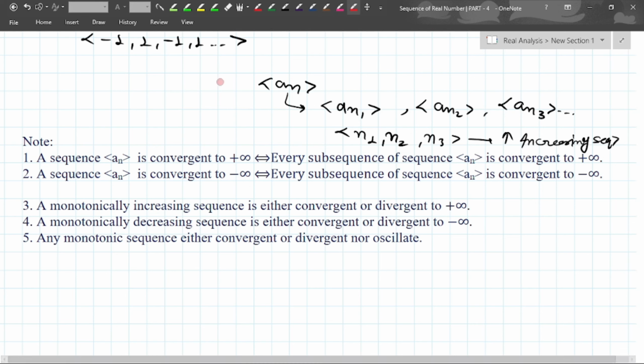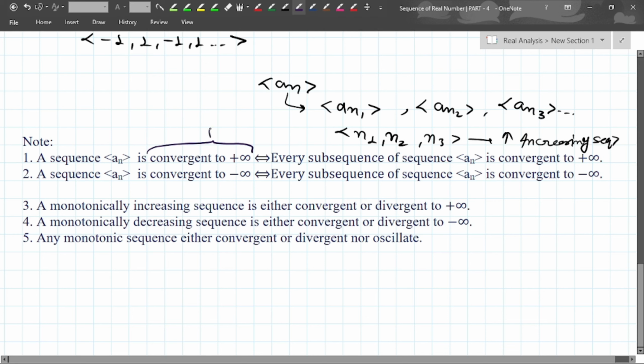So it means that if a sequence an converges to infinity, then every subsequence of an also converges to infinity. Actually, it is not convergent, it diverges to infinity. Converges to infinity means that it is tending to infinity, not convergent.